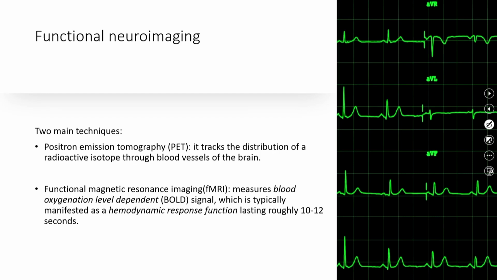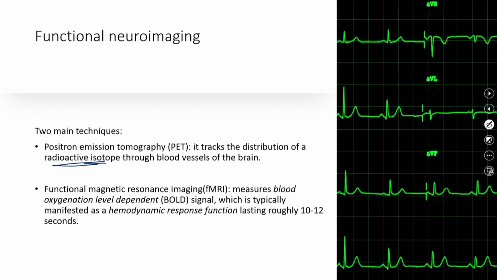PET tracks the distribution of a radioactive isotope through the blood vessels of the brain. Both of these machines basically track the movement of blood to the brain. In the case of PET, they track the movement of a radioactive isotope as it travels to the brain.